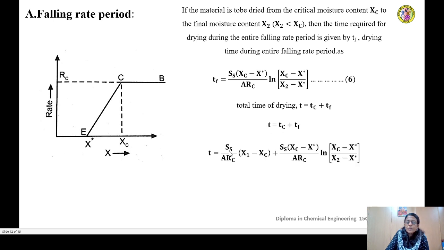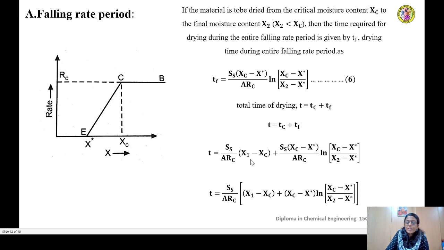So then T is equal to Ss by Rc times (x1 minus xc) plus Ss into (xc minus x star) divided by Rc, ln of (xc minus x star) divided by (x2 minus x star). Here x1 is the initial moisture content, greater than xc, and x2 is the final moisture content, less than xc.